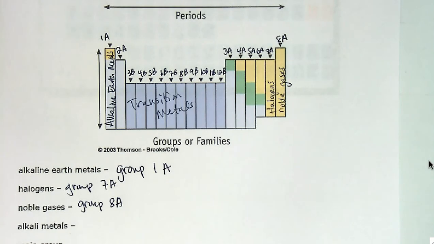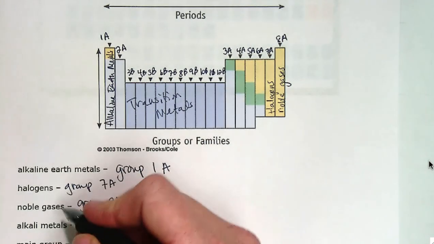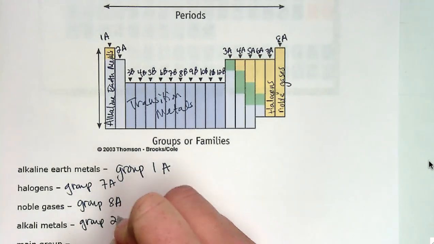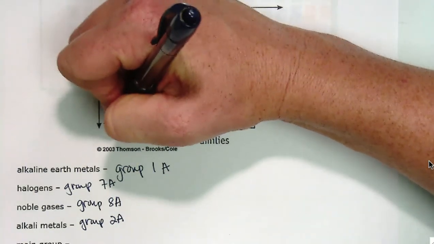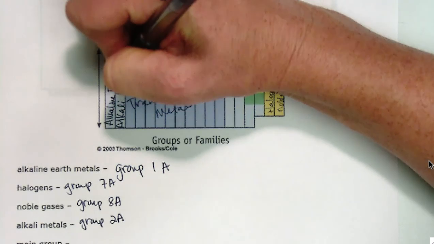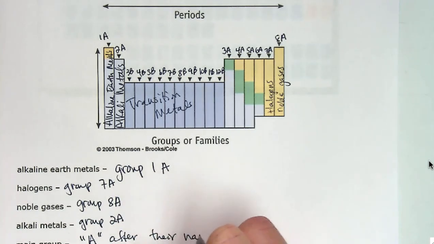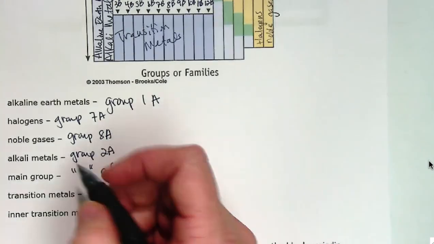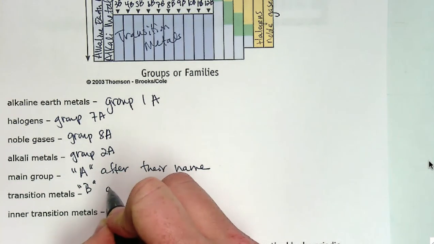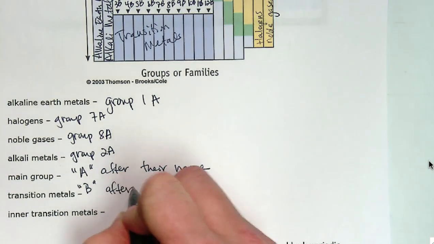Careful, don't confuse these with alkaline earth metals. That's group 2A. So, alkali metals. Okay, main group elements have the letter A after the number. Okay, transition metals have B after, sorry.